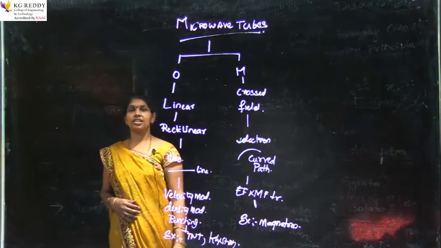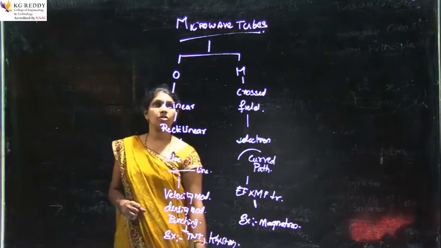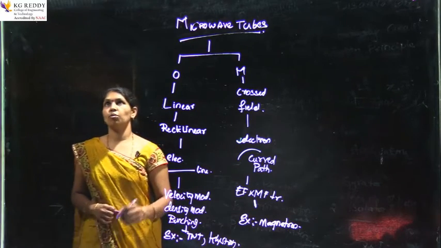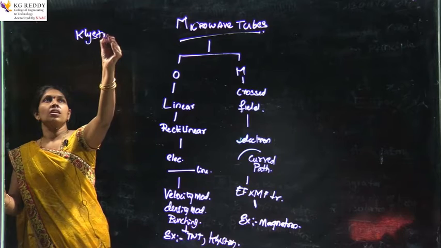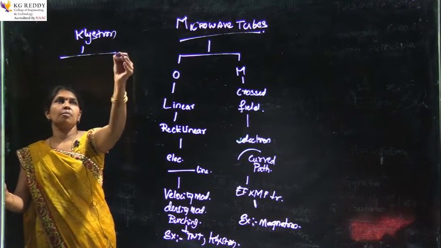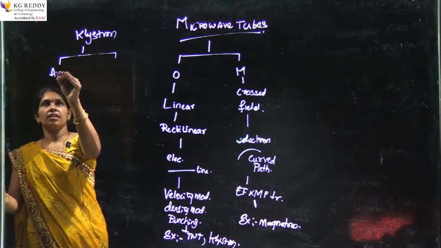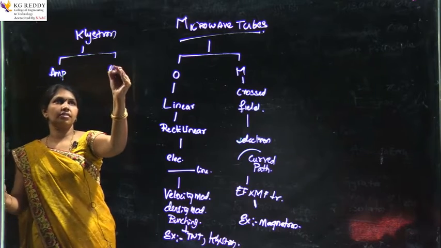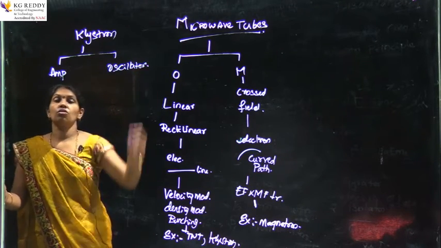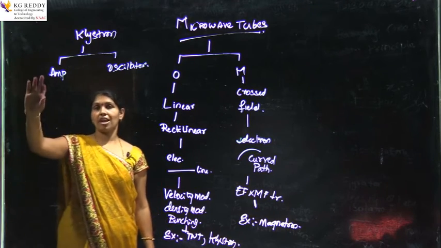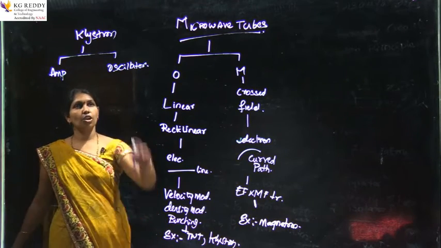Coming to the klystron, it is an O type tube. Klystron can work like an amplifier, can work like an oscillator. So klystrons are low power amplifiers and low power oscillators.